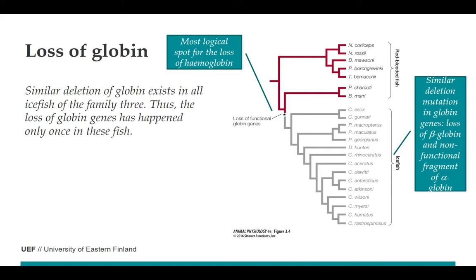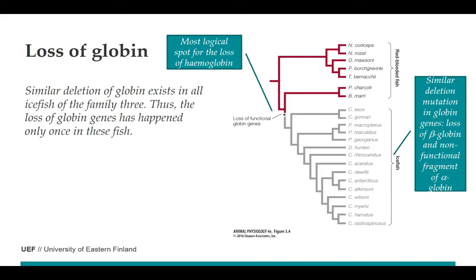And one of the reasons is that not only have they lost this globin, they have all lost beta globin, and the alpha globin is a non-functional fragment. So most probably this kind of thing doesn't happen every day, but it has happened only once in these fish.